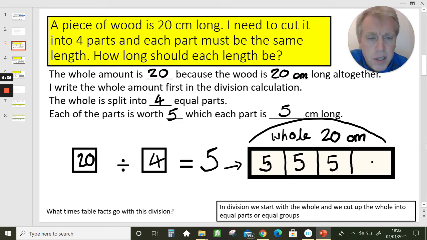When you think about it, what we're really doing is we are saying the same number 1, 2, 3, 4 times. Well, it's the same number 4 times.